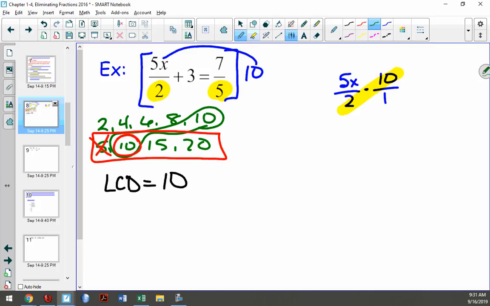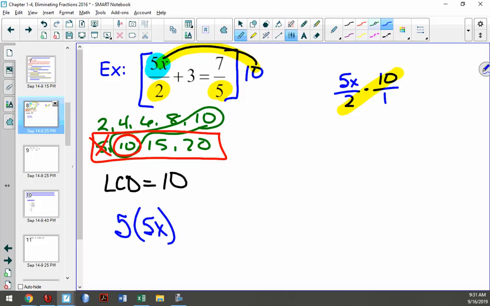So you're going to do the division first. 10 divided by 2 is 5. Then I'm simply going to drop down the numerator, which is going to be a 5x. Notice I no longer have a fraction.